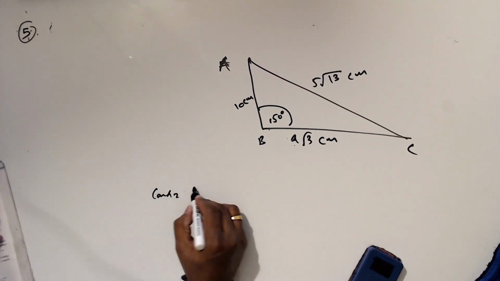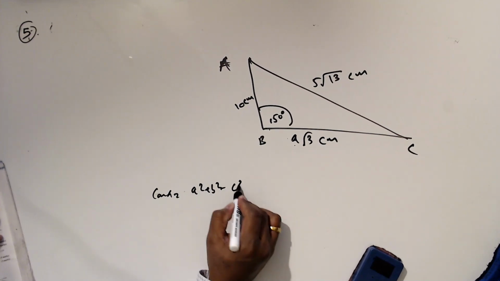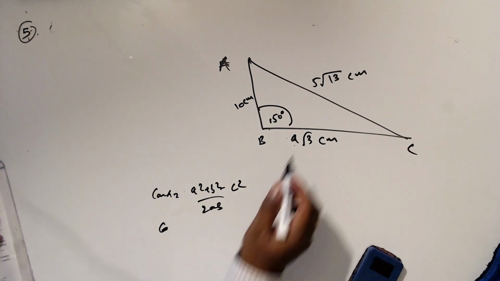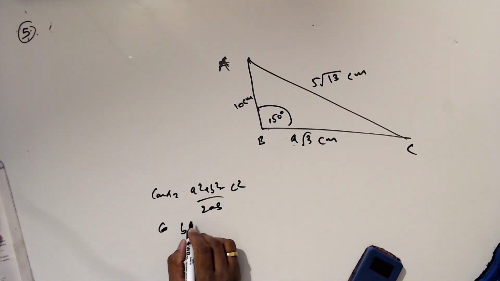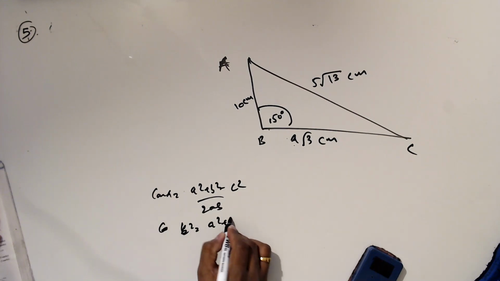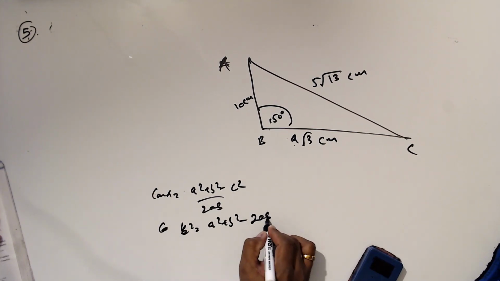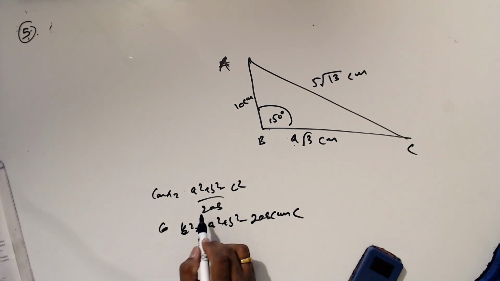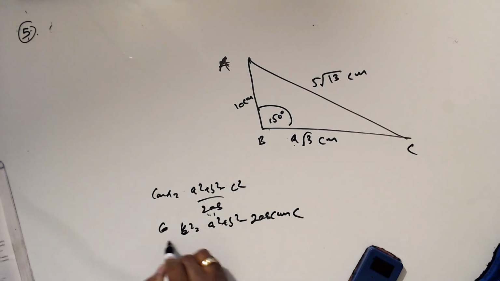Cos alpha equal A square plus B square minus 2AB, and the other one is C square equal A square plus B square minus 2AB cos C. So rather than going with the denominator, it's better to stay with this one.